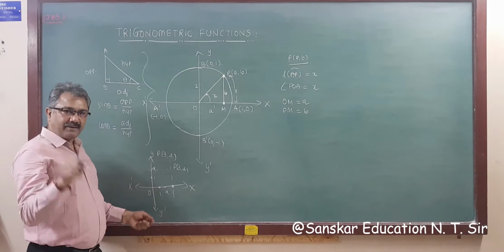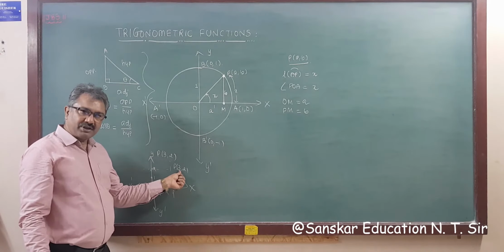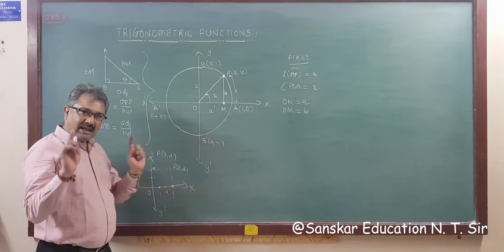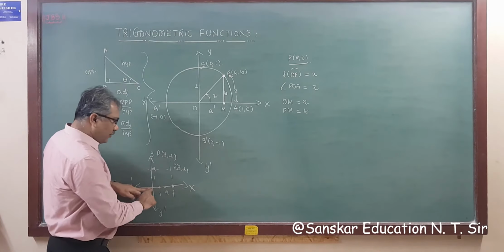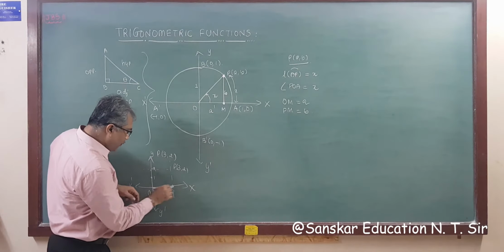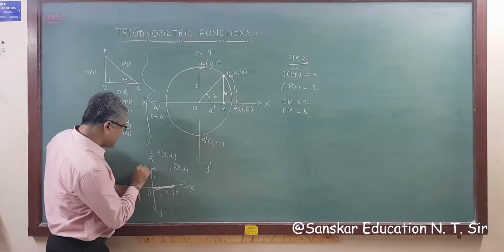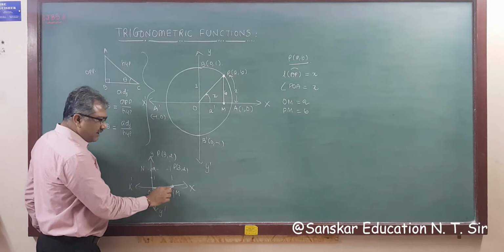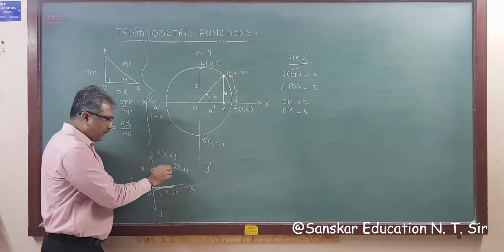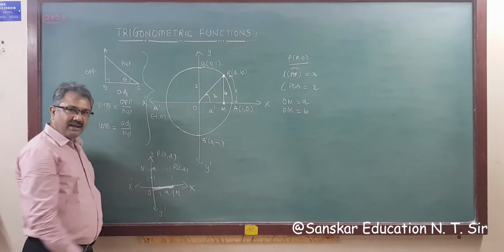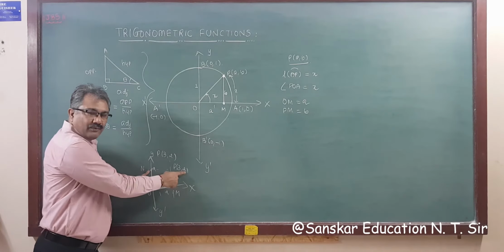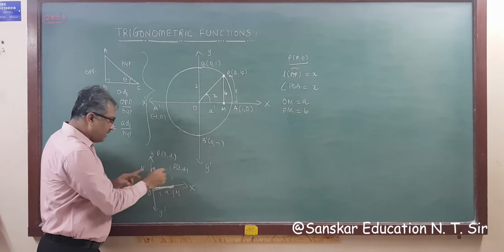And remember this thing: the x coordinate of any point is the length on the x-axis from the origin, that is 3. Suppose this is M and this is N, then OM is equal to 3, that is the x coordinate of the point P, and the length of this ON is the y coordinate of the point, that is 2.